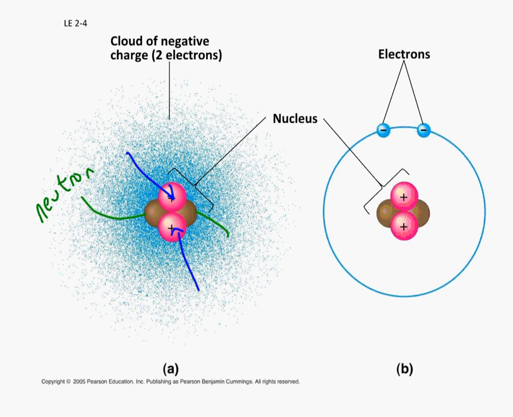Neutrons, protons, and then swarming around the nucleus are the electrons, and this is usually the type of diagram that you see with the electrons kind of floating around the outside. The one on the left here is probably more accurate because the electrons are just all over the place all the time.